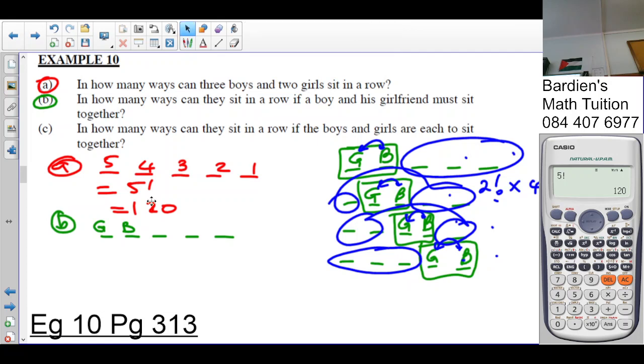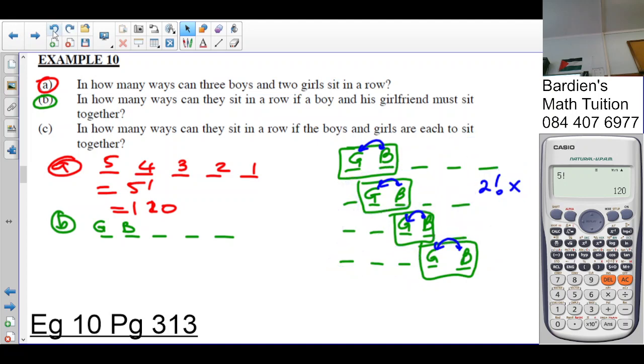Okay. So if the girlfriend and boyfriend must sit together, they can occupy the first 2 seats. But besides them occupying the first 2 seats, these 3 remaining people can interchange.